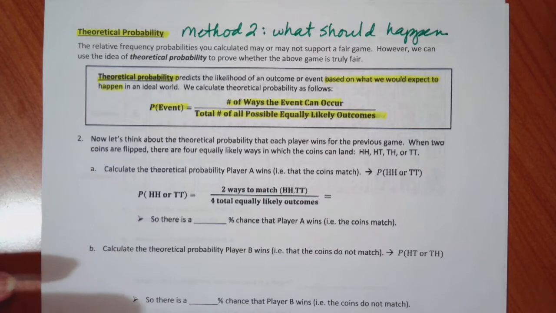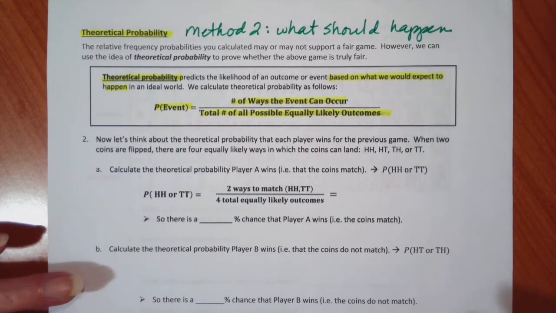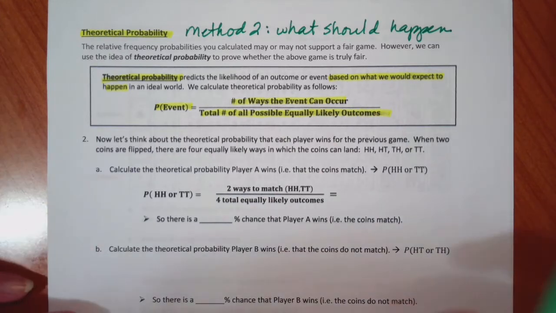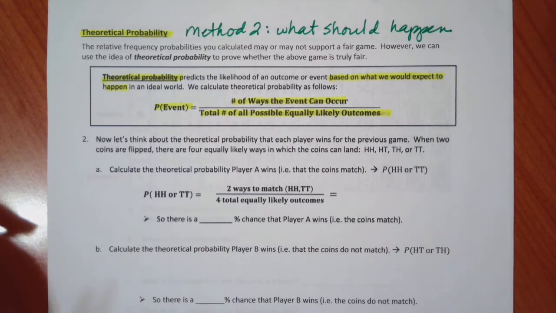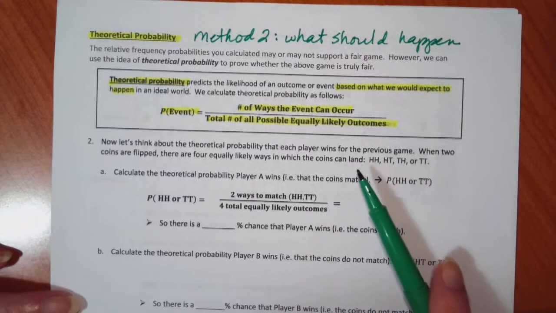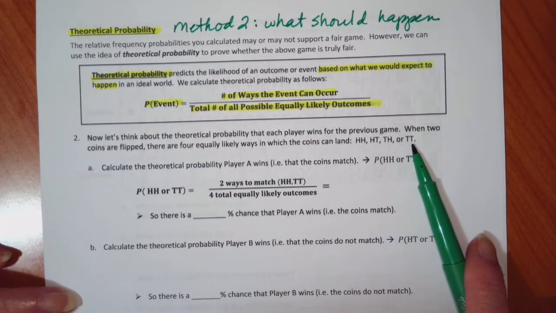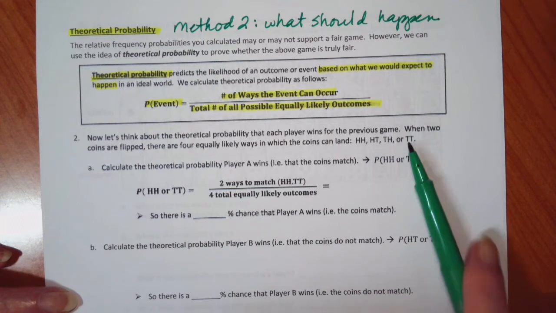Since we don't have any data, we're going to have to look at what can happen out of the total number of outcomes. Let's think back on that same game where we tossed a coin, and you can get heads-heads, heads-tails, tails-heads, or tails-tails.